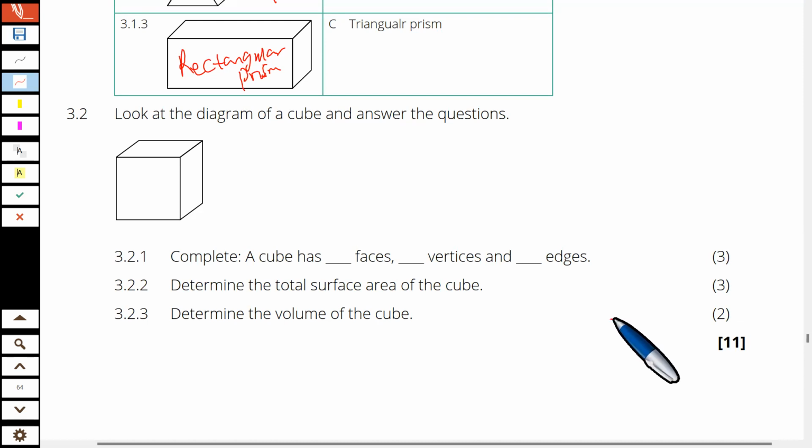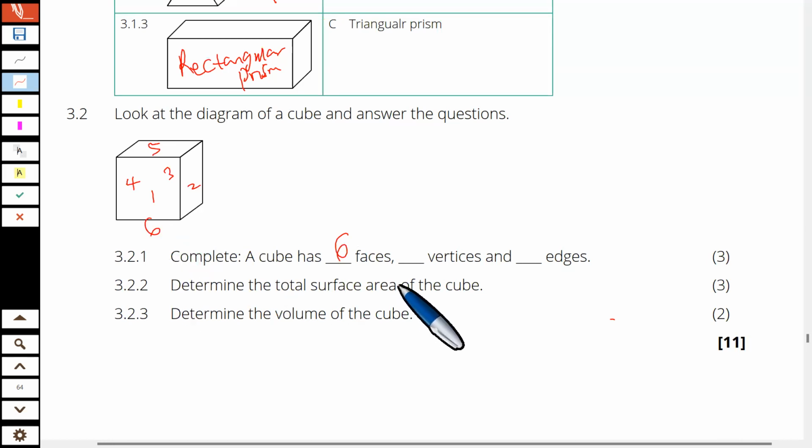So in 3.2.1, what do you think? A cube has what faces? 6 faces. Well done. So a cube has exactly 6 faces, because you can count them. You have 1, 2, 3, 4, 5, 6. So there are 6 faces.